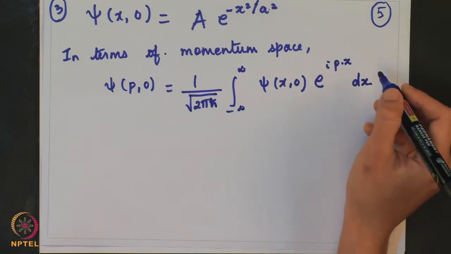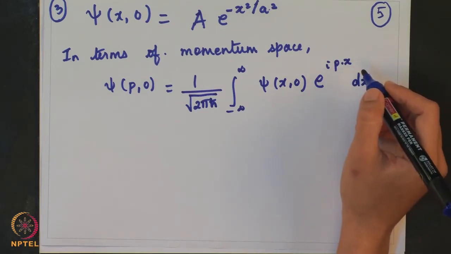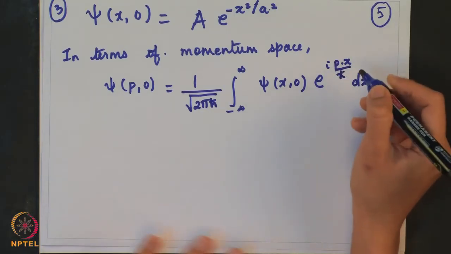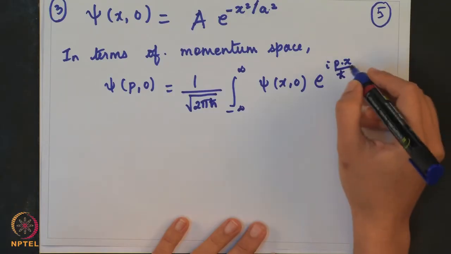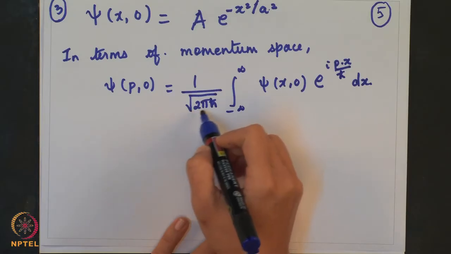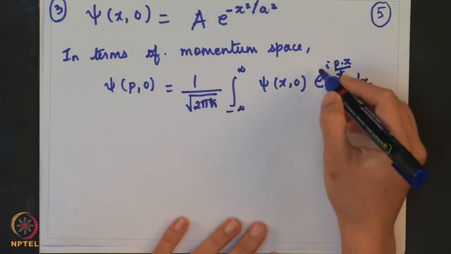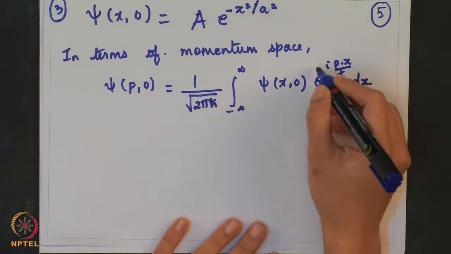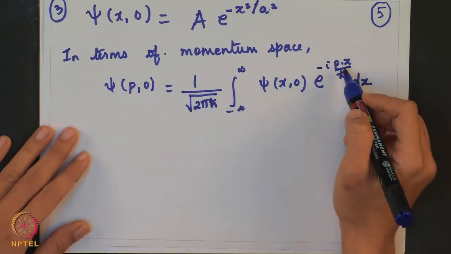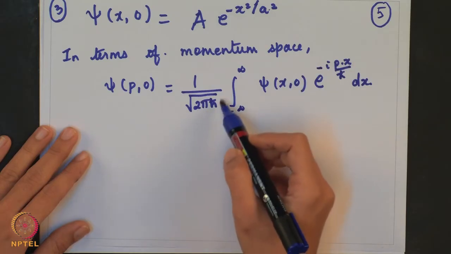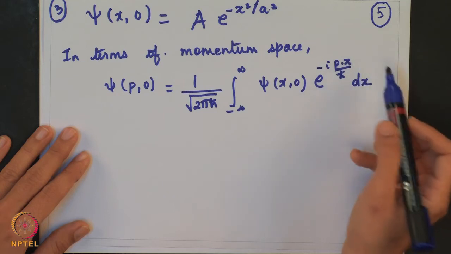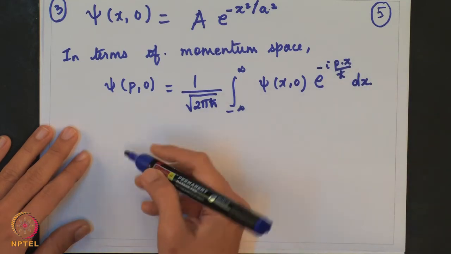Then there will be some normalization factor also. If I write this for one dimension, I have square root of 2 pi h cross, and if I write this for 3 dimensions, we will have 2 pi h cross the whole raised to 3 by 2, and this will be p dot r. Let me make it a minus I h cross.